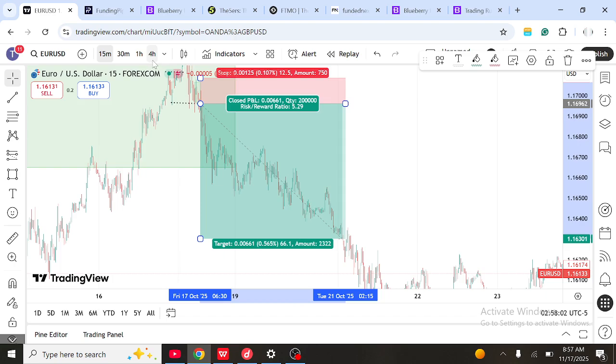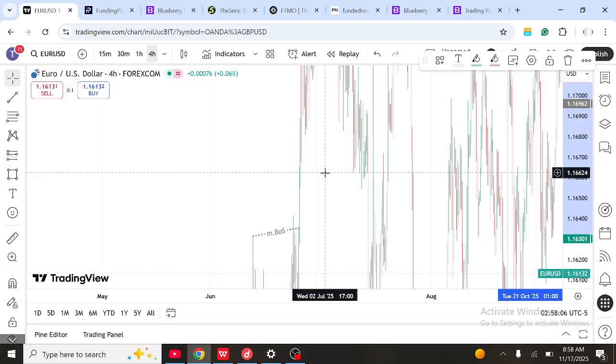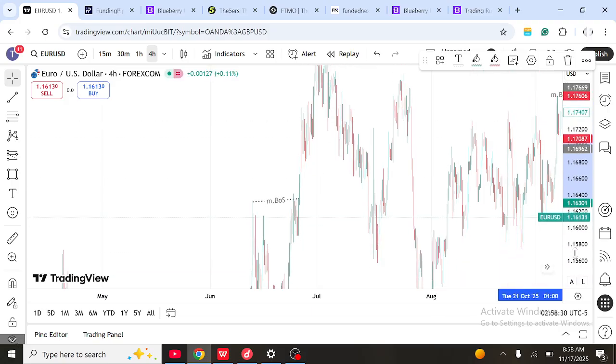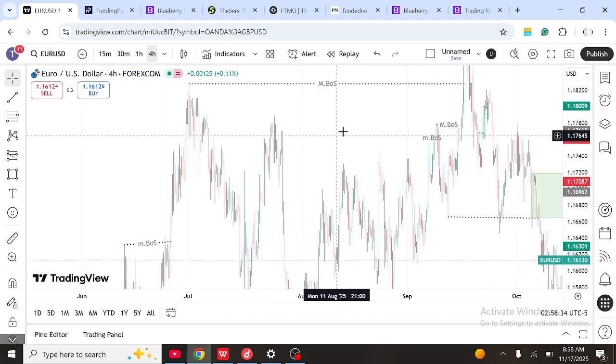All right, so that is how I do it. First of all, the place is very, very important. I don't just go about on 4 hours time frame looking for basic change of character and basic break of structure. I look for key change of character and key break of structure, and my key break of structure and change of character is what I have explained from the beginning of this video, which is the minor and the major.